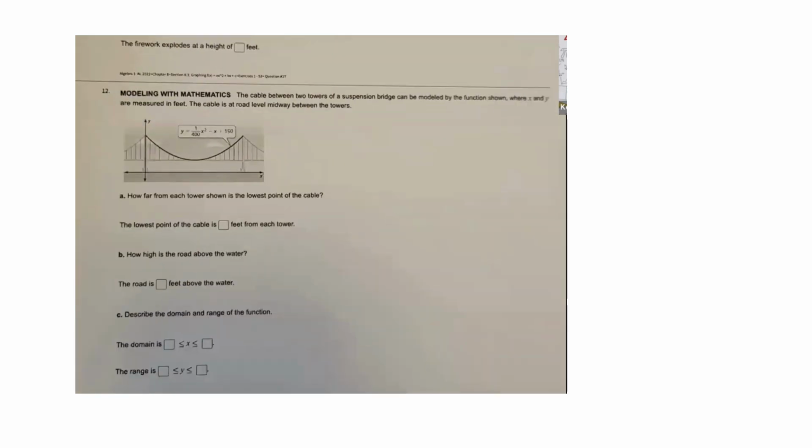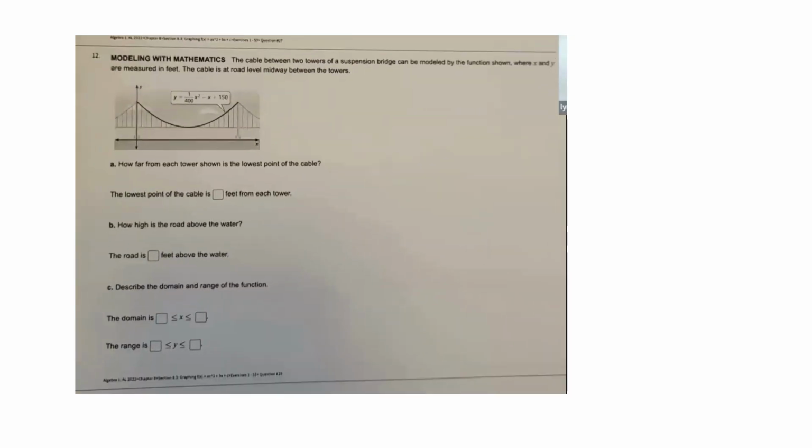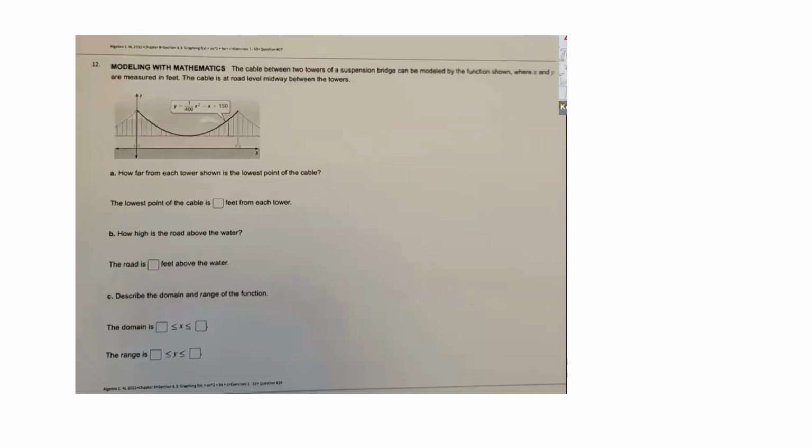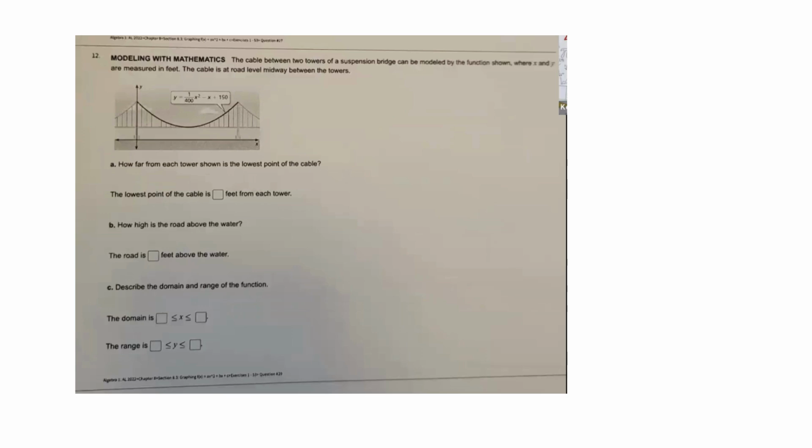Next, the cable. Hold on. The cable between two towers of a suspension bridge can be modeled by the function shown, where x and y are measured in feet. The cable is at road level midway between the towers.